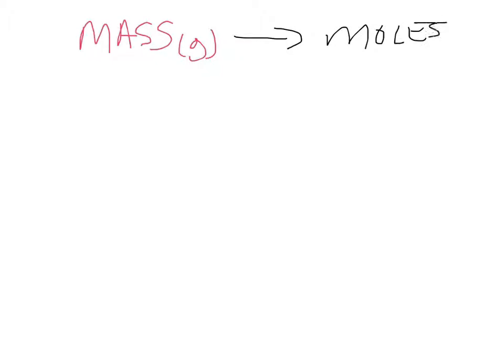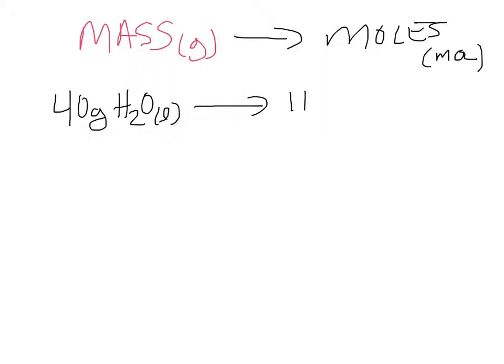And the abbreviation of moles is obviously MOL. Let's do a real little problem here. We're going to start out with 40 grams of H2O, liquid. And then we want to know how many moles.